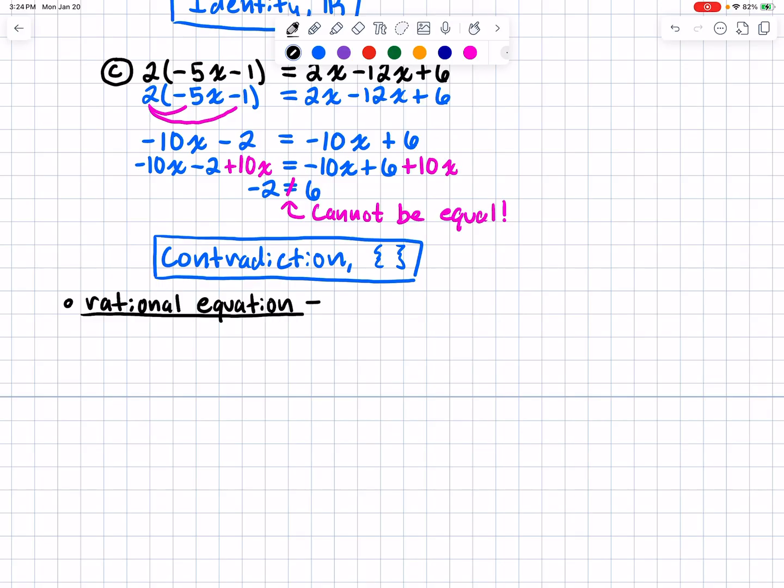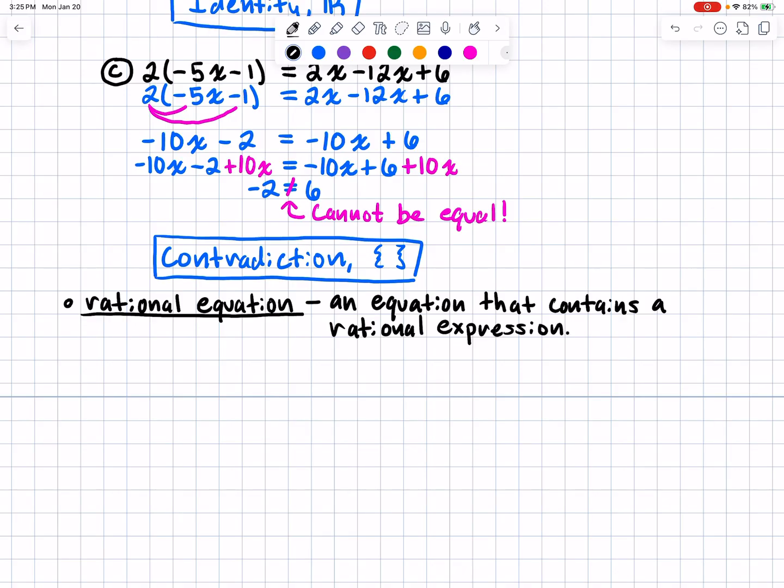A rational equation is an equation that contains a rational expression.